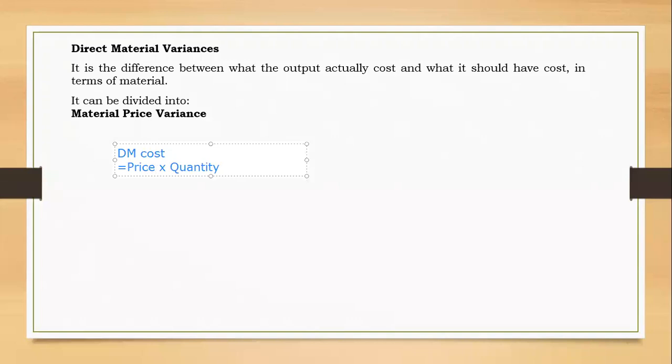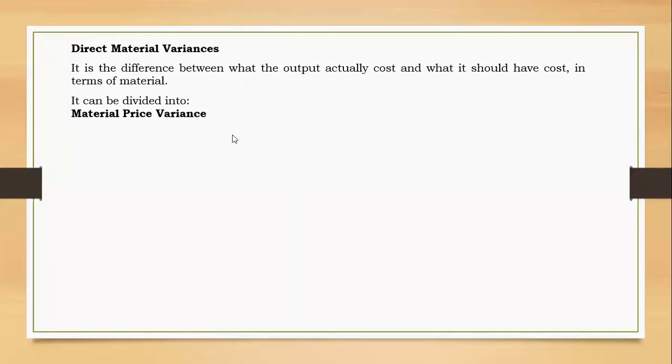Let's say the price is maybe $4 per kilogram, and then you multiply by the quantity in kilograms, and you will obtain a cost. So material variances are attributed to the difference in prices, but also to the difference in quantities. That's why we have the material price variance, the difference due to price, and the material usage or material quantity variance, the difference in quantity. So that's what you have to consider here.